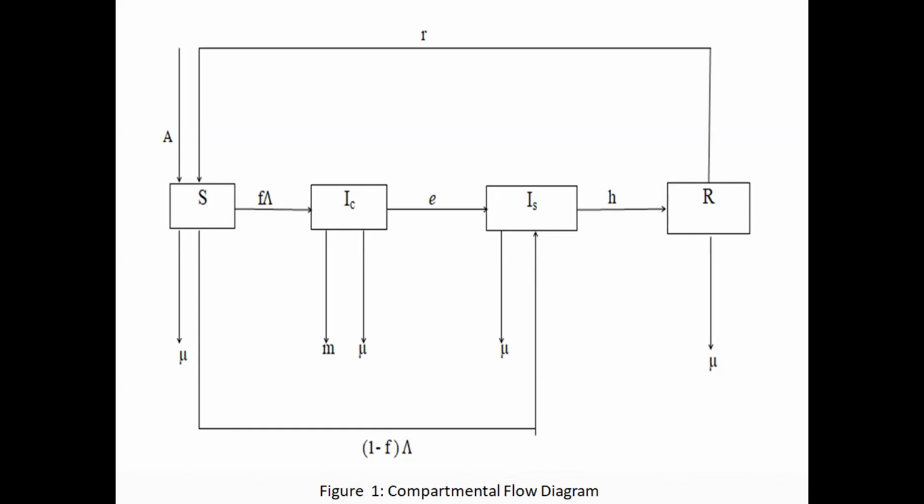The small letter r, moving from the recovered class back to the susceptible class, is the immunity loss rate, because we assume in this model that anybody who recovers from Salmonella diarrhea due to antibiotics loses immunity and goes back to being susceptible. They are prone to have the disease again, because we assume recovery does not confer permanent immunity. At each stage of the model, anybody can die a natural death, but death induced by Salmonella can only occur in the clinically infected individuals.